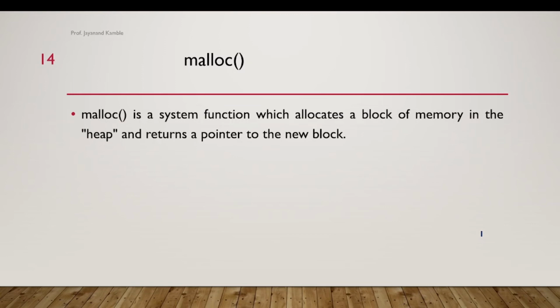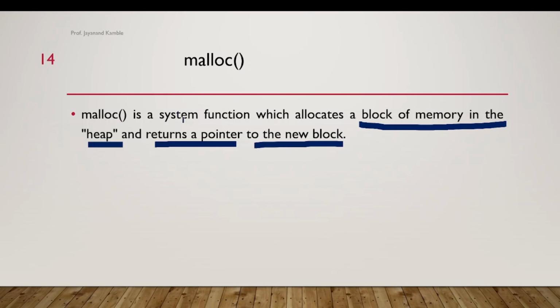Malloc is a system function in the C programming language which allocates a block of memory in heap memory and returns a pointer to the new block. It means that it allocates a block of memory to a particular data part, whatever we are going to create.